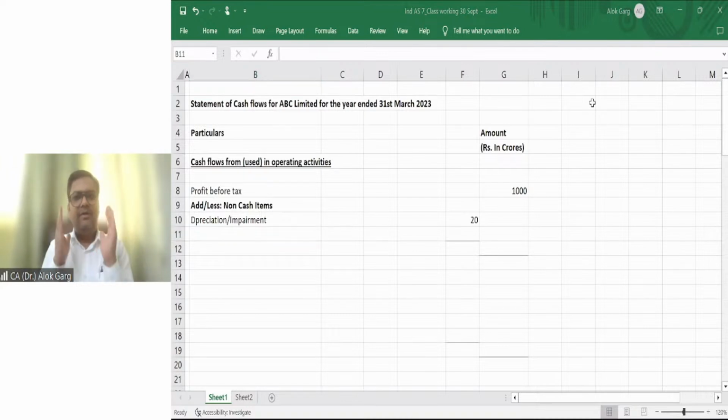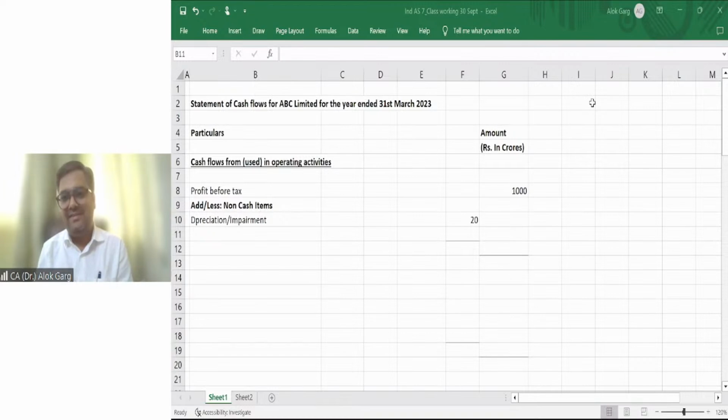You understand? Because I am using a profit and I have to arrive at my net cash. So that is why I am adding or deducting the non-cash item. This depreciation has deducted my profit. So that is why I'm adding back this depreciation to my profit. It is a non-cash item. What could be the example of other non-cash item?